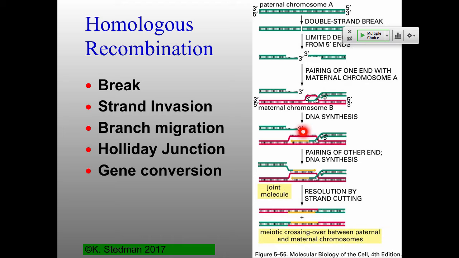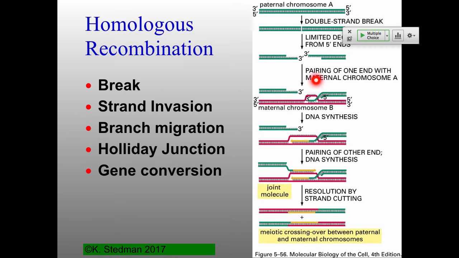As soon as the D-loop gets long enough, it can now base pair with this other 3' tail. That can then get extended. These pieces get ligated to each other, and magic occurs. We'll talk about that magic. And you end up with a repaired piece of DNA copying from that opposite strand, in this case, the red one.